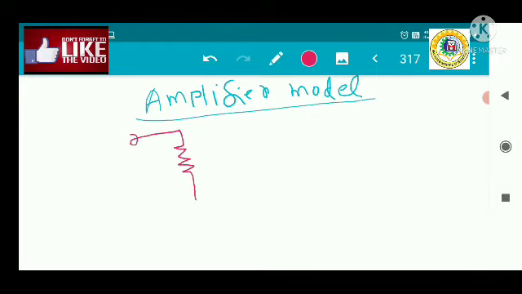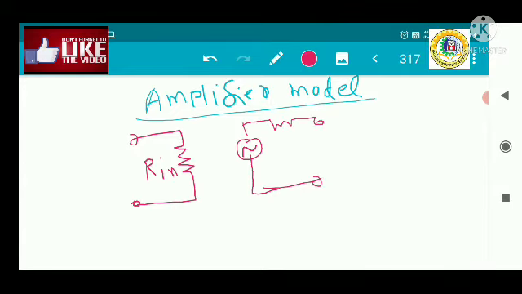There is a resistance here. This resistance is represented by R in, and there is a gain. Obviously this is an amplifier, so there must be a gain, and there is an output resistance. So this is the amplifier.